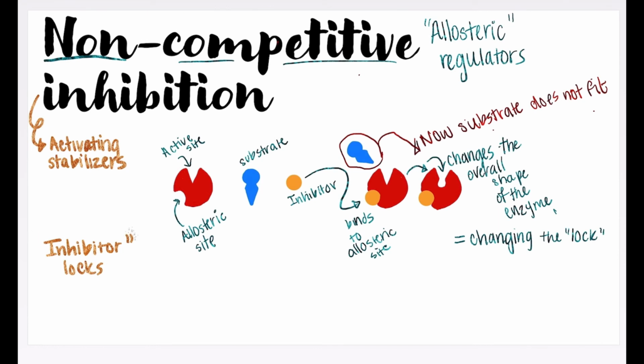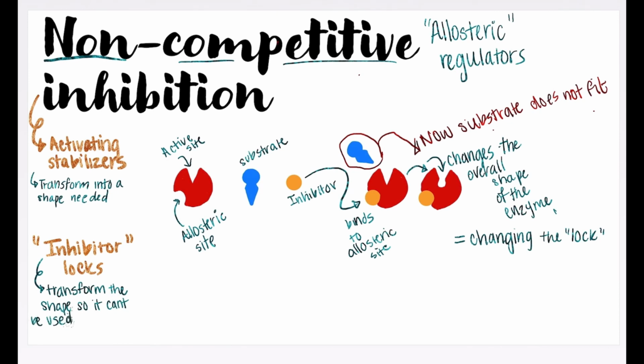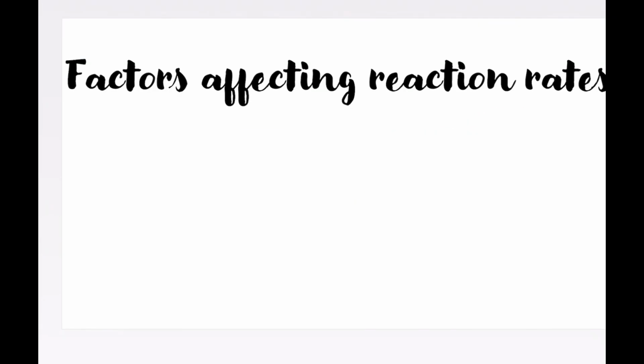Activating stabilizers would be when we need to alter our enzymes to allow them to work with certain substrates. We would add those regulators, and it would transform the enzyme into the shape that's needed for it to actually work with certain substrates. Or the opposite, which is our inhibitor, where we transform the shape so that it can't be used and we're locking away that enzyme.